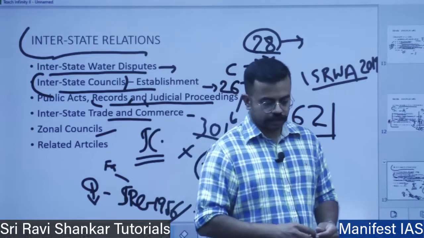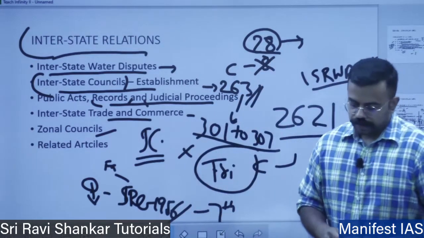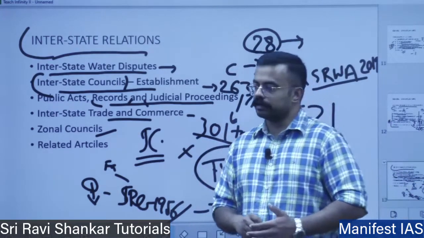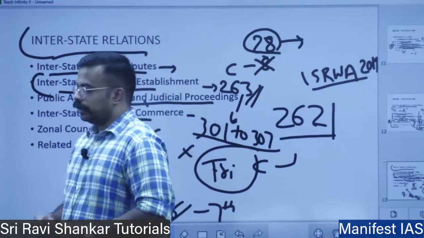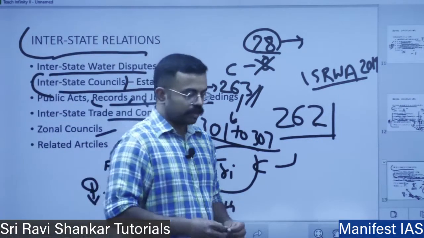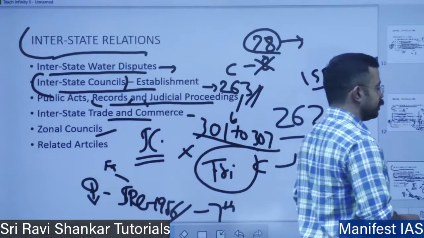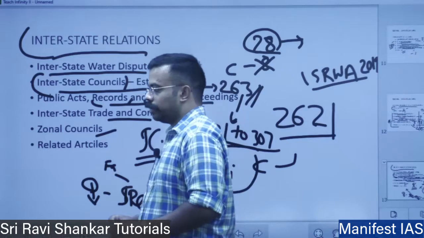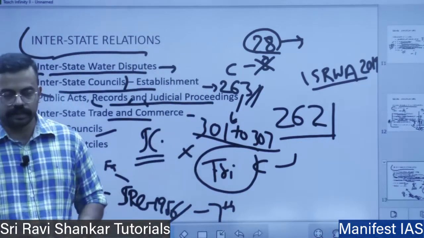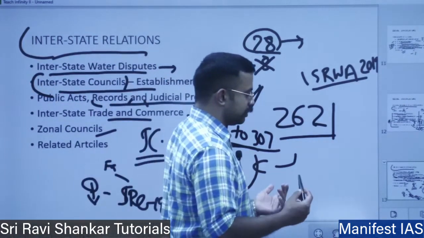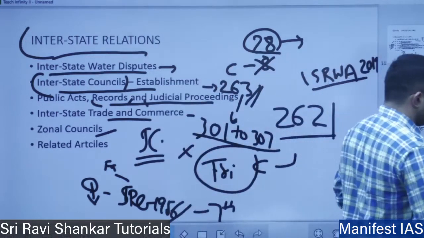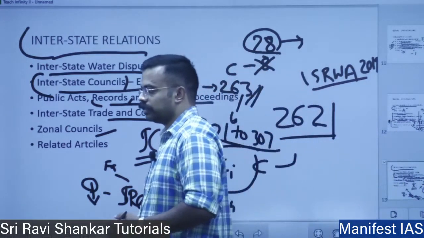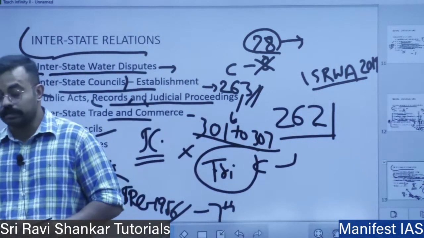What is the use of zonal councils? To achieve emotional integration of the country. India is a multicultural country. We have various races, religions, castes, languages, cultures, dishes, kinds of dressing, levels of education, and climates.